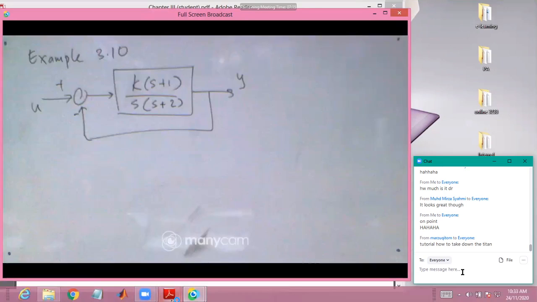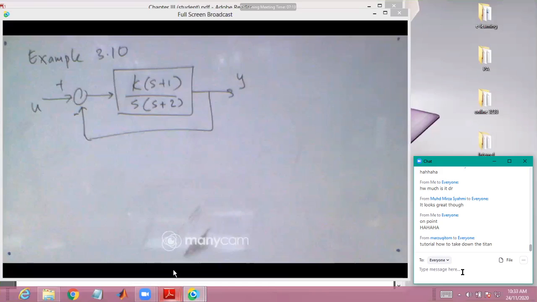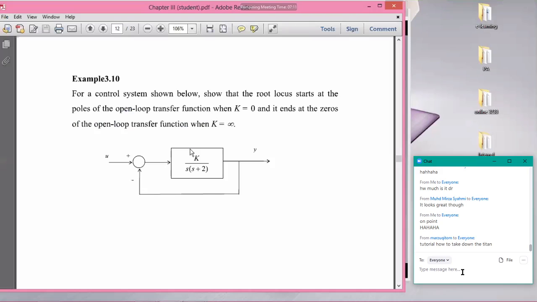There is a mistake in the question there. Example 3.10, it should have K, s plus 1, s plus 2. Make a correction there.